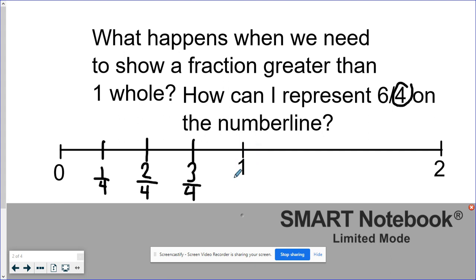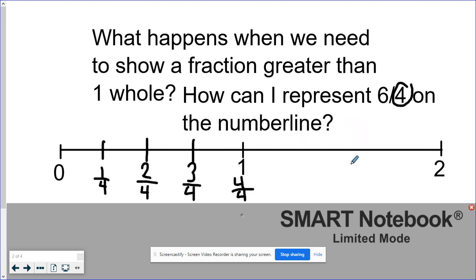The 1 whole would represent 4/4 because I split my whole line into fourths, and this is the 4th tick mark. Okay, so I did not get to 6/4, only using 1 whole. So I am going to have to go beyond the 1 whole.